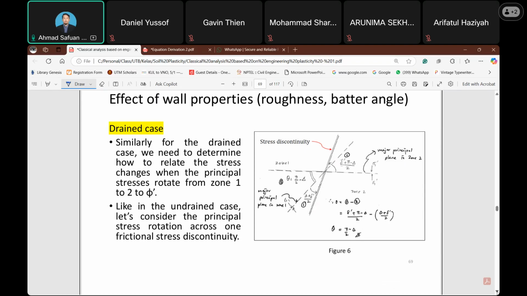I will also try to derive the equations, because it is very time consuming, whereby I need to look again at the advanced mathematical equations to derive them.